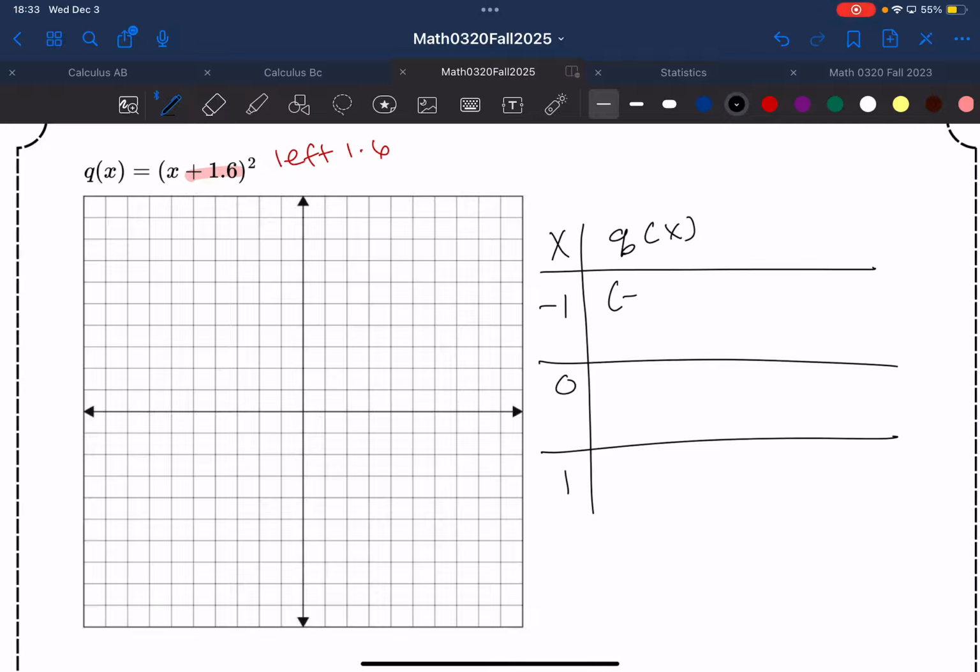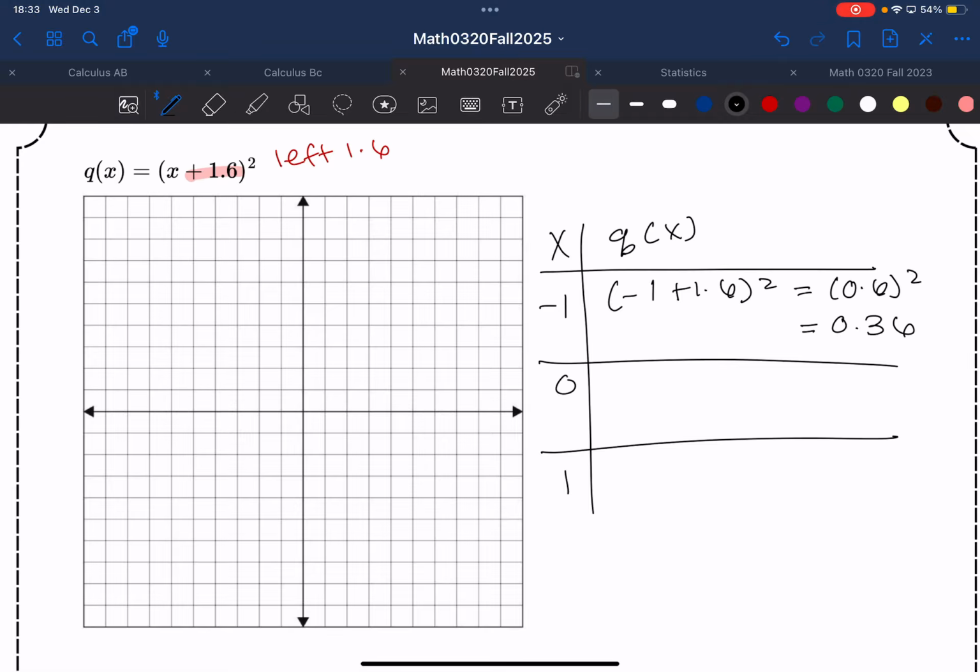So -1 plus 1.6 squared. -1 plus 1.6 is going to be 0.6 squared. If you type that in your calculator, what do you get? 0.36. So now instead of very large numbers, we have some small numbers.